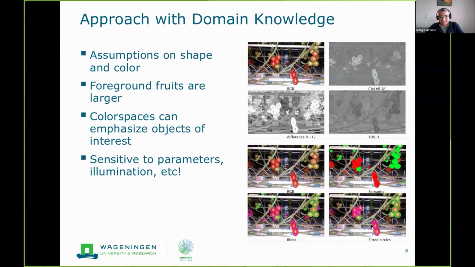but keep in mind that this method is sensitive to parameters and to the situation in the specific greenhouse. And so it may not generalize. And we can indeed see that there are false positives or some missed detections.